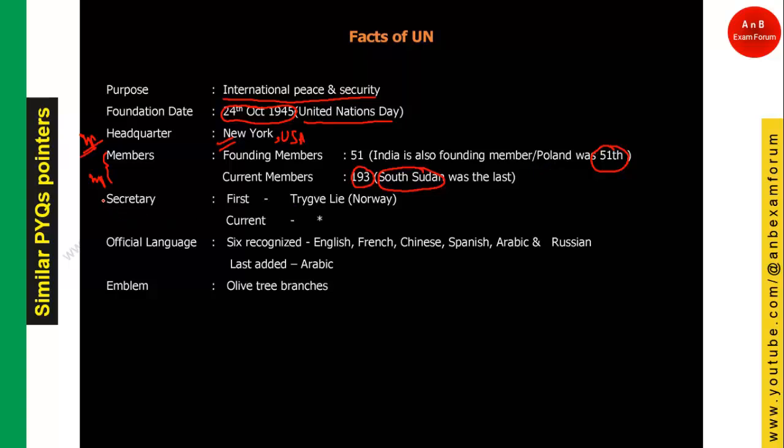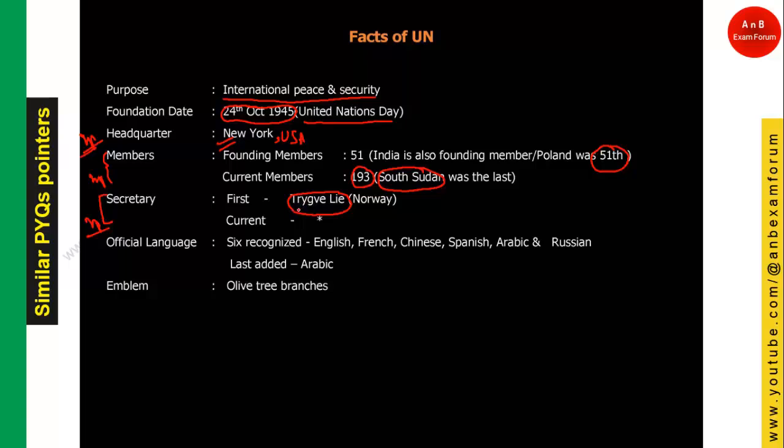And again a very important pointer is the Secretary-General. The Secretary-General is the main post of the United Nations. You can think of him as the main head of this organization, and the first Secretary-General is Trygve. Trygve is the first Secretary-General of the United Nations.